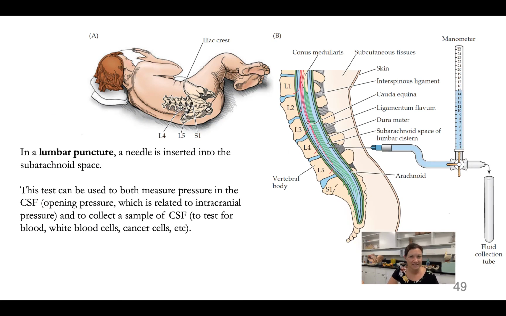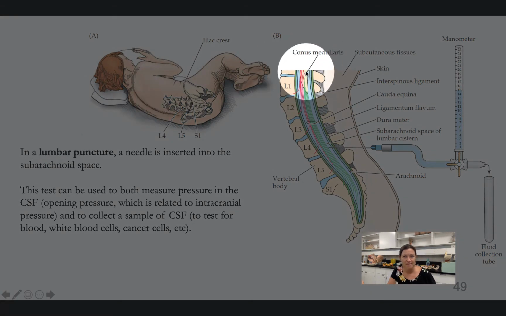And how do you sample CSF? Clinically, the most common route is a lumbar puncture. This is a needle inserted into the subarachnoid space. Now, if you remember your 326, you remember that the spinal cord ends between the L1 and L2 vertebral bodies. So the spine is longer than the spinal cord.